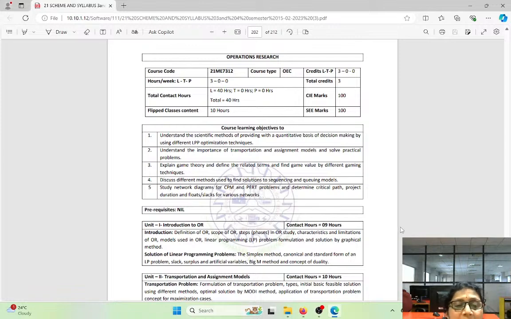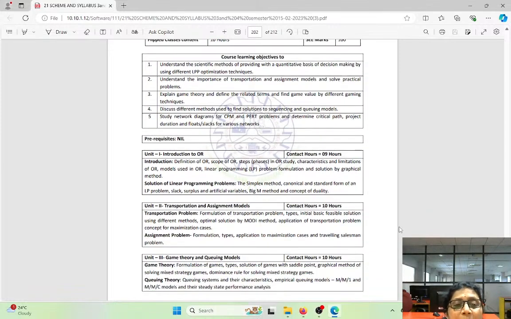Syllabus is mentioned in the syllabus. So in this subject we are going to learn about optimization. Every industry is striving for improving the productivity of the organization. When we talk about the productivity of the organization, we are supposed to use the available resources in the most efficient and effective manner so that we can get a good number of good quality outputs.